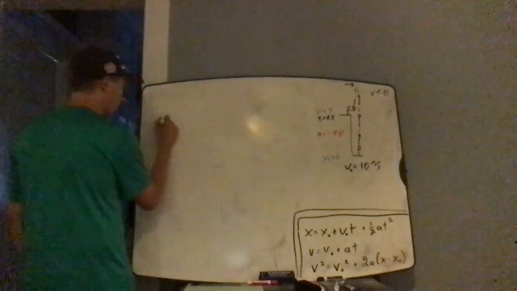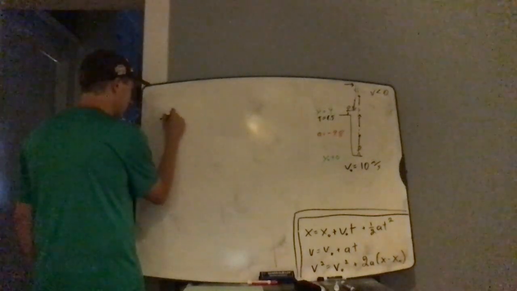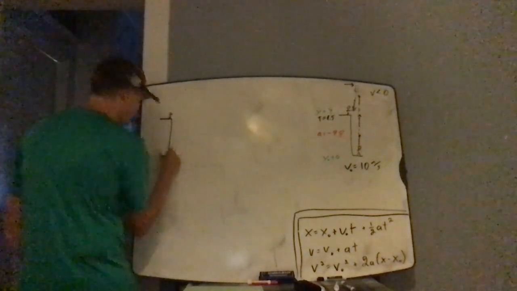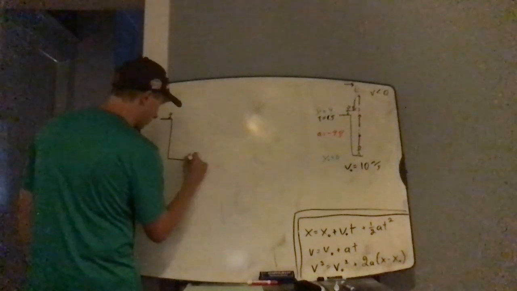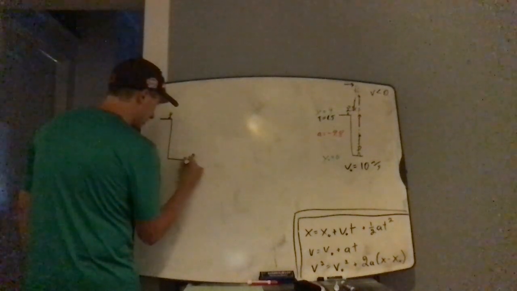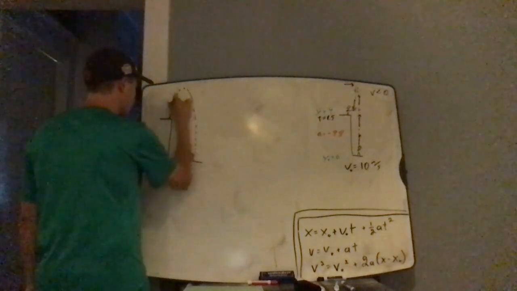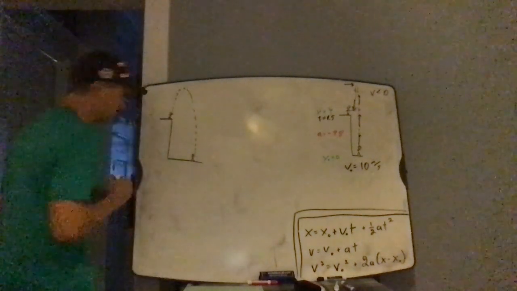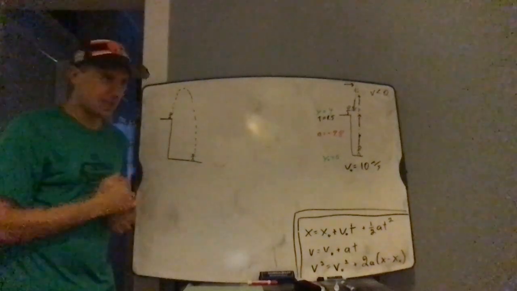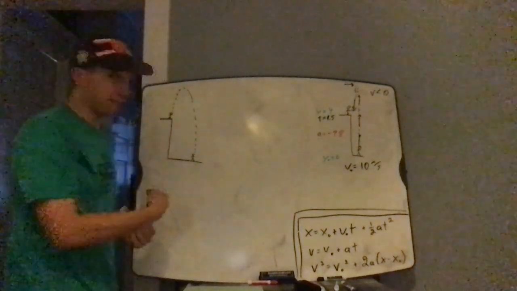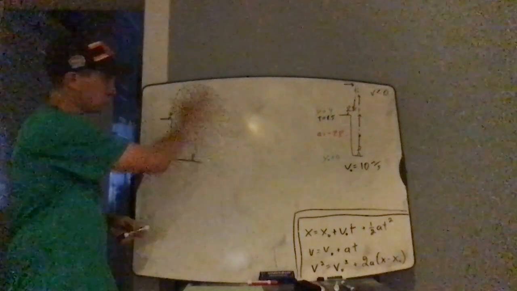So let's say here is the friend on the balcony, and then 4 meters below, I'm going to draw the friend over here. And the keys go straight up, reach their maximum height, and are caught by the friend. Again, the keys actually do not move to the left. I'm just exaggerating this so I could draw within this picture.